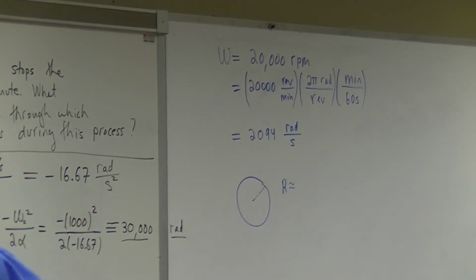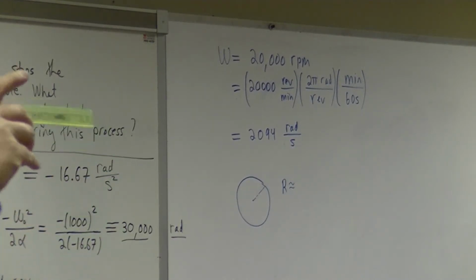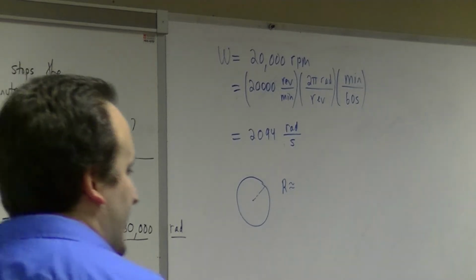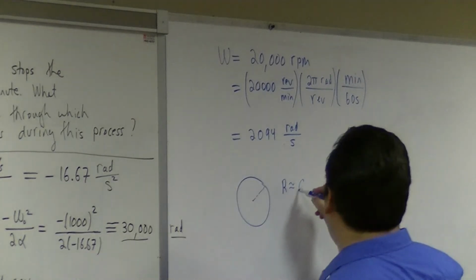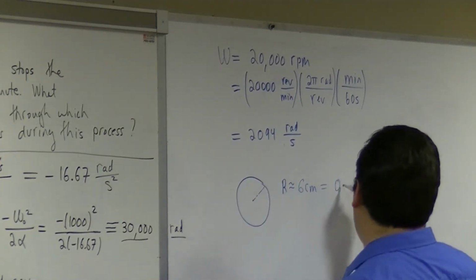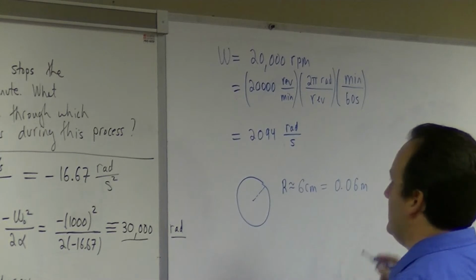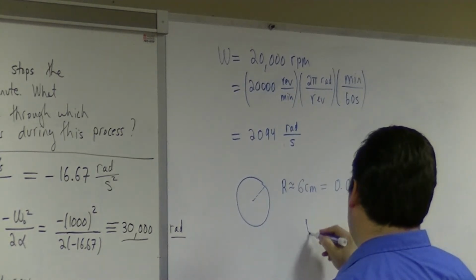I'm going to measure rim to rim. I got 12 centimeters diameter. If the diameter is 12 centimeters, what's the radius? About 6 centimeters, right? Which is 0.06 meters. So what's the linear velocity?